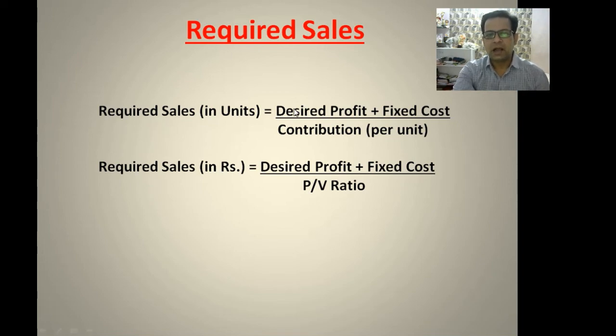It is desired profit, that is the profit that the organization wants to earn, plus fixed cost. That remains fixed. Now, it depends whether I want the answer in units or in rupees. If I want the answer in units, I divide it by contribution per unit. And if I want the answer in rupees, I would have to divide it by PV ratio, right?